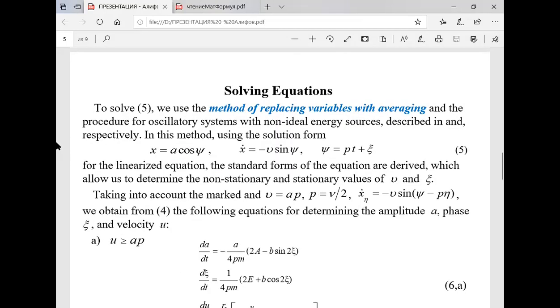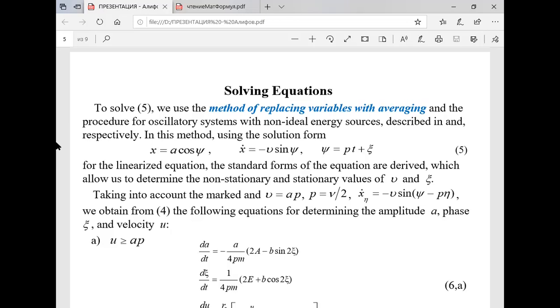Solving equations. To solve 5, we use the method of replacing variables with averaging and the procedure for oscillatory systems with non-ideal energy sources, described in the references.